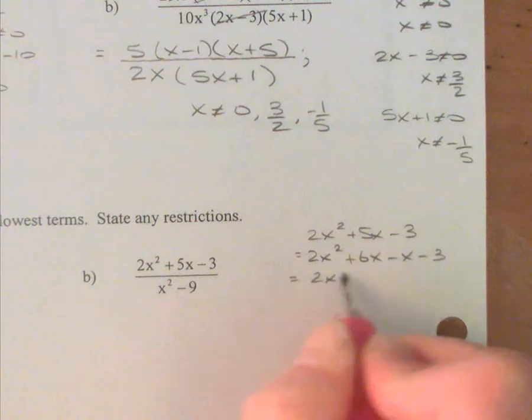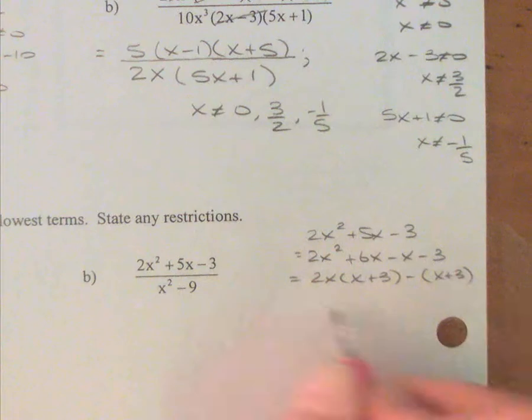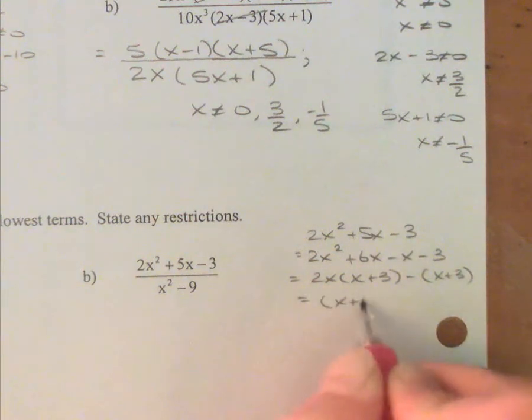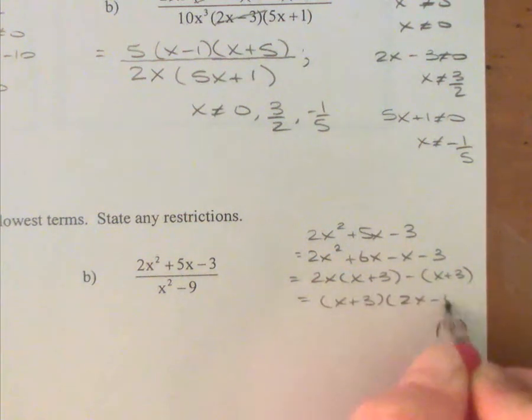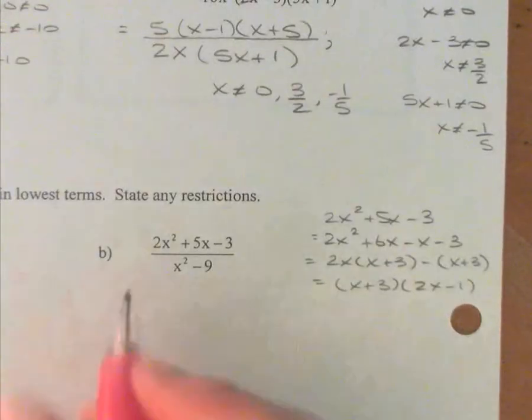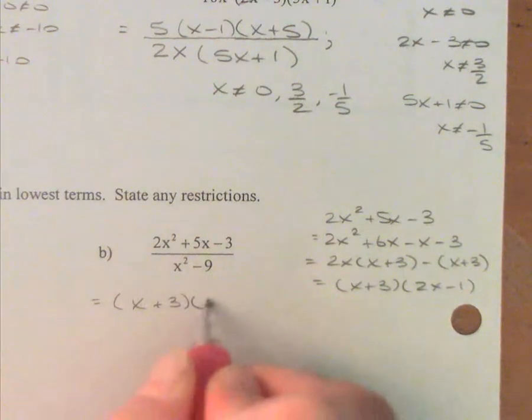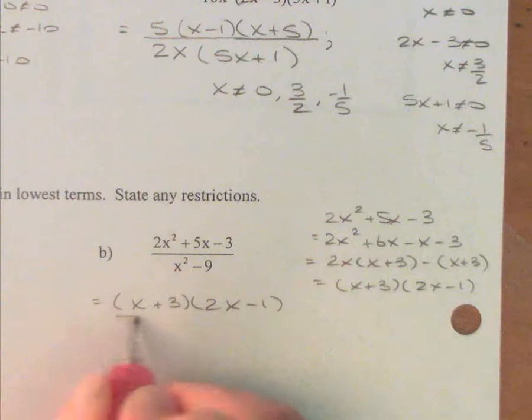I can pull out a 2x, I'm left with x plus 3. I can pull out a negative, I'm left with x plus 3. I have x plus 3 and 2x minus 1. So this factors to x plus 3 and 2x minus 1.